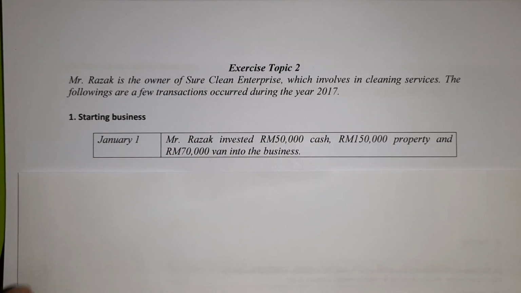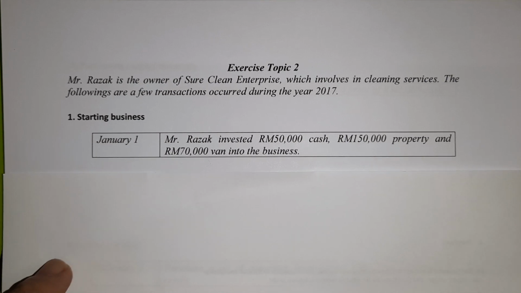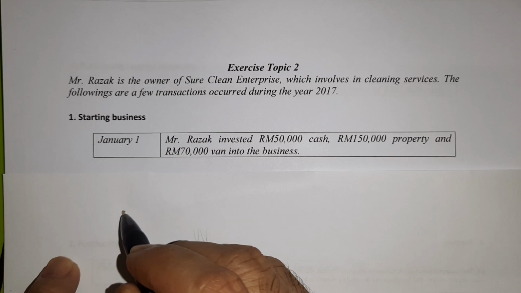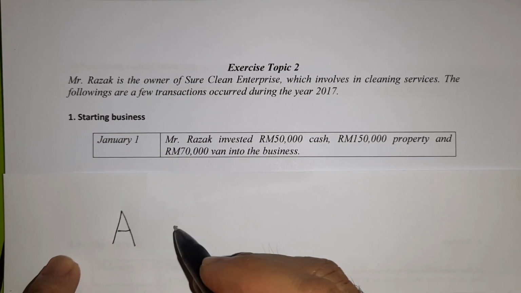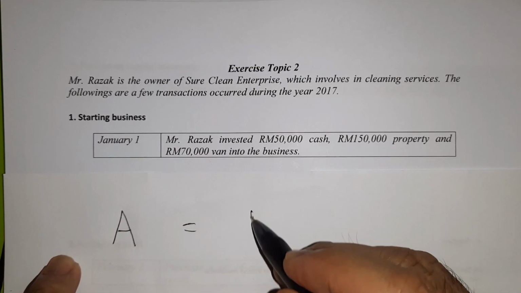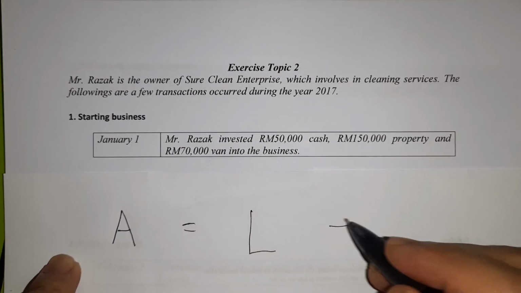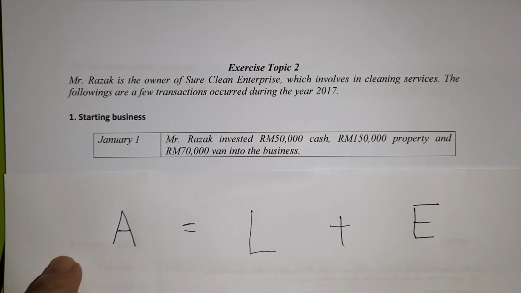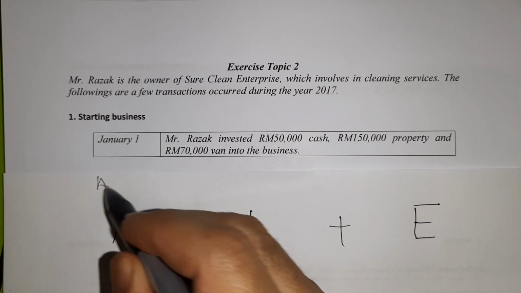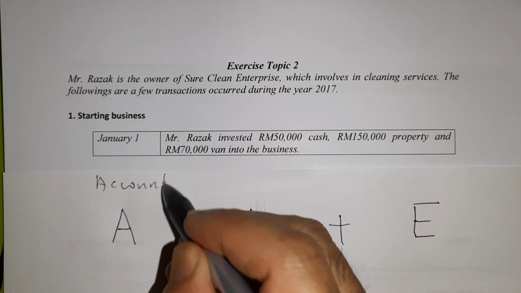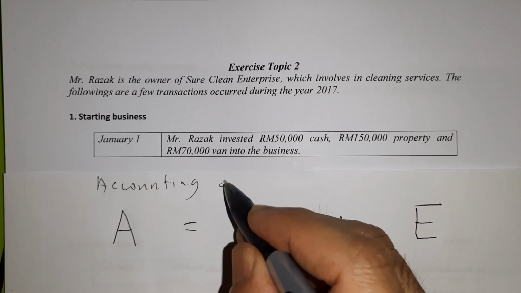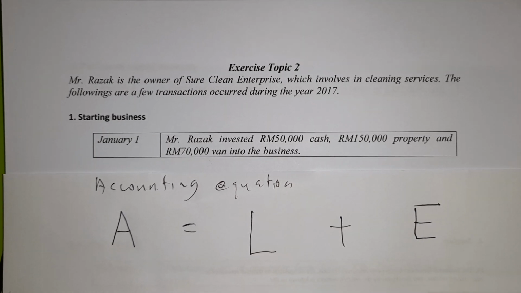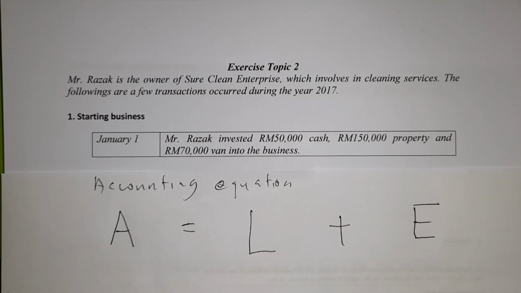So first you have to know what the accounting equation is. So the accounting equation is this one. Asset is always equal to liabilities plus equity. Okay, in accounting we use this equation always, all the time.